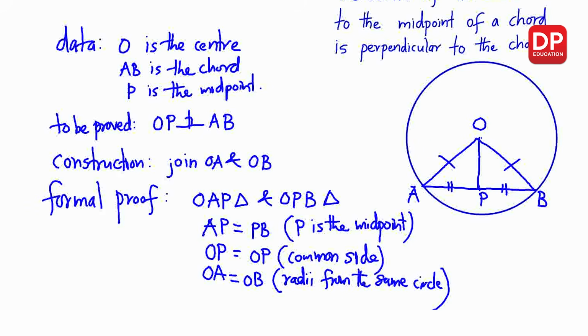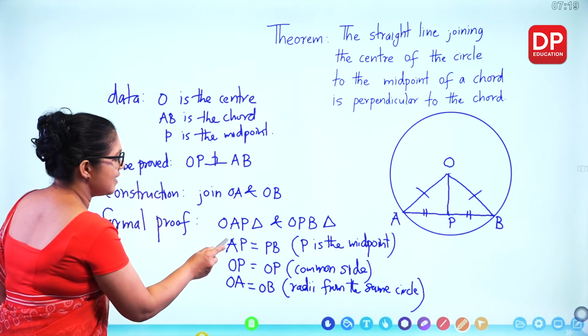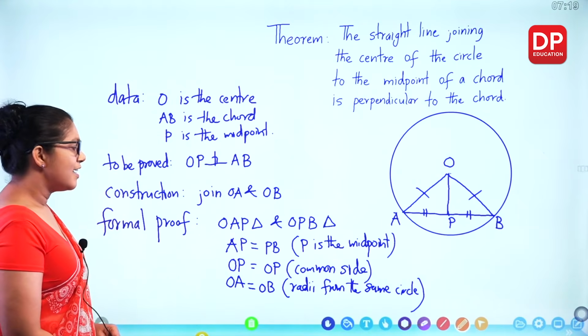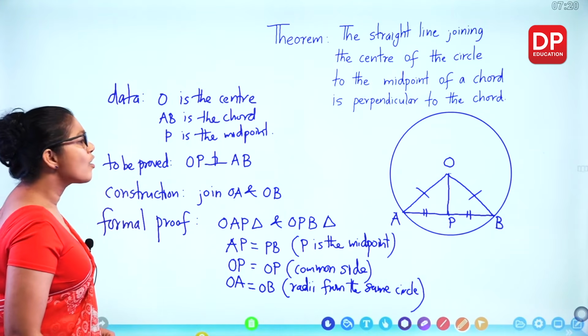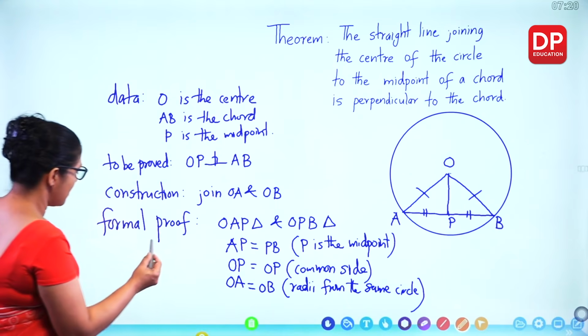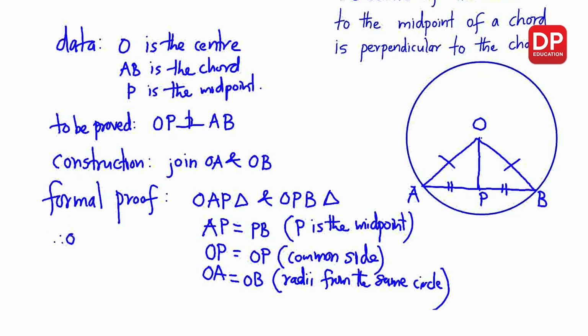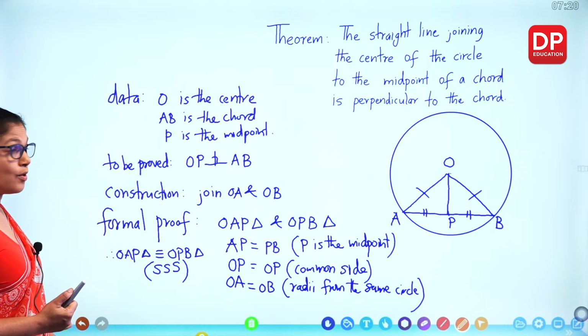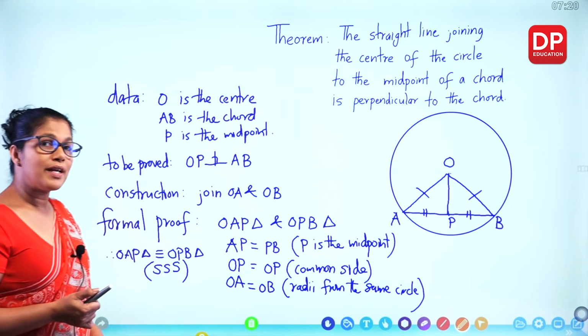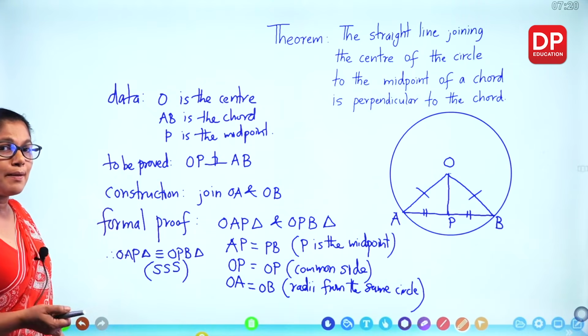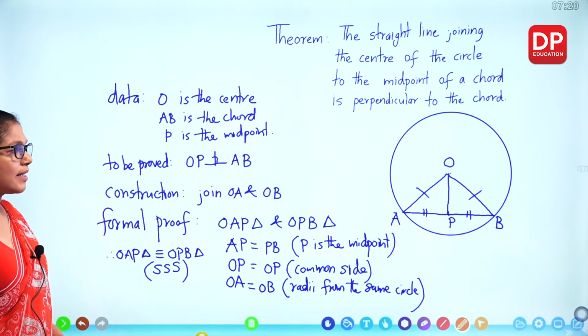So what can we say about these two triangles? Side, side, side. So these two triangles are congruent. Therefore, triangle OAP is congruent to triangle OPB. What's the reason? Side, side, side. So, when they are congruent, what are the other elements that are equal?